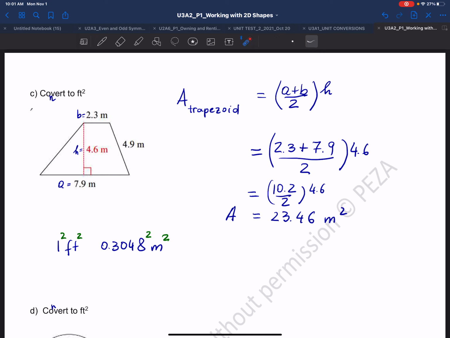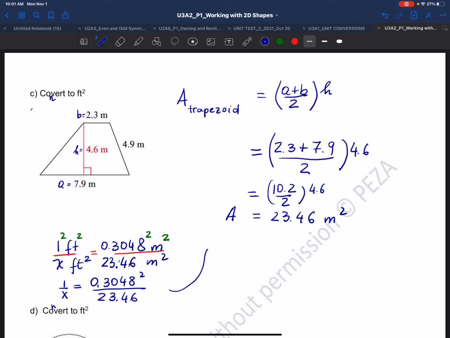So we're given meters squared in here, so we're going to write 23.46 meters squared. And this will be unknown, obviously, here, x feet squared. And we create the fractions just like we always do when we convert. And the equation that connects the two fractions, so the equal sign, and we'll have 1 over x equals 0.3048 squared divided by 23.46.